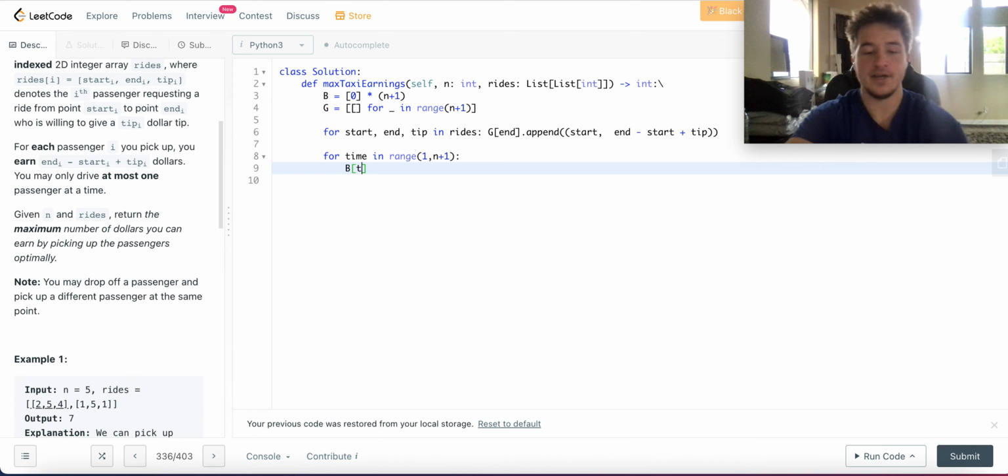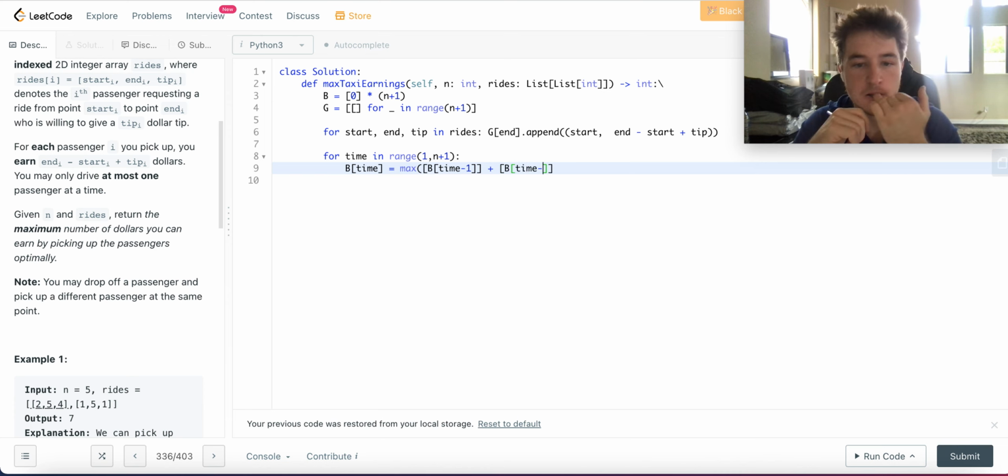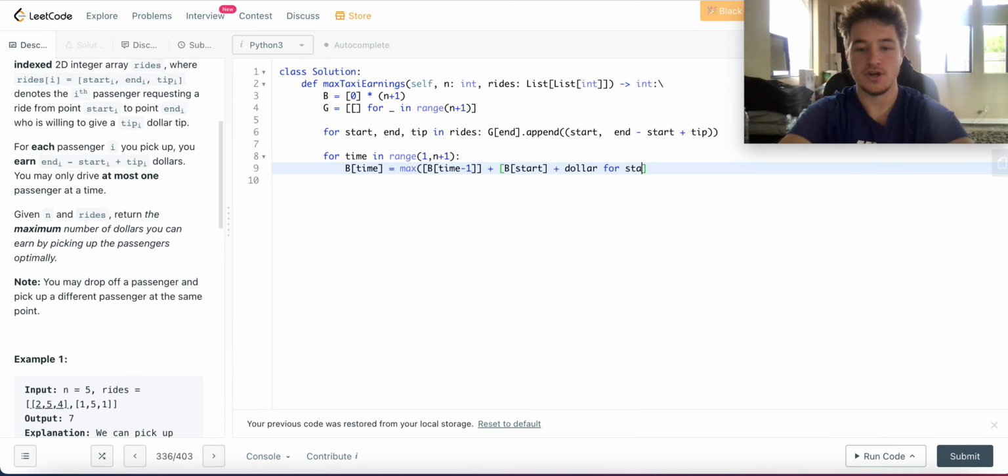So the best time for any time is either the previous time. So the max of, well, you can either be the previous time, or it can be the start time for any node that points to this node, plus the dollar amount that you get from it, for each start time and dollar in G at this node time, right?